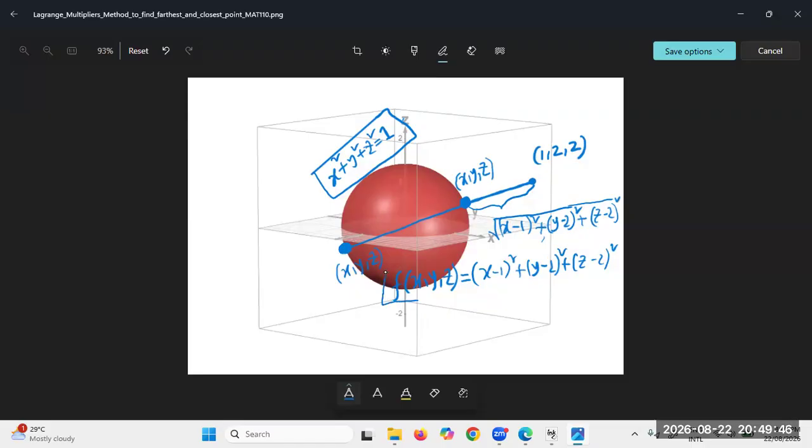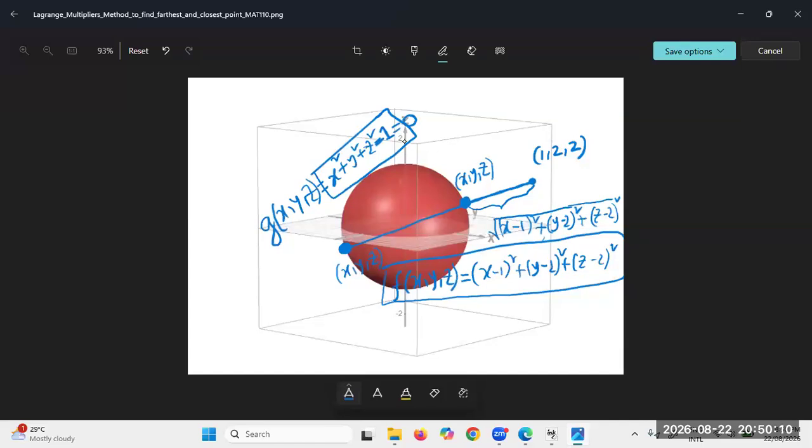So our target is to maximize and minimize this function under the restriction of this sphere, and the restriction is x squared plus y squared plus z squared equal to 1. So in this case, g of x, y, z is x squared plus y squared plus z squared equal to 1. We can write it this way, or we can take 1 to the left-hand side, so minus 1 equal to 0.